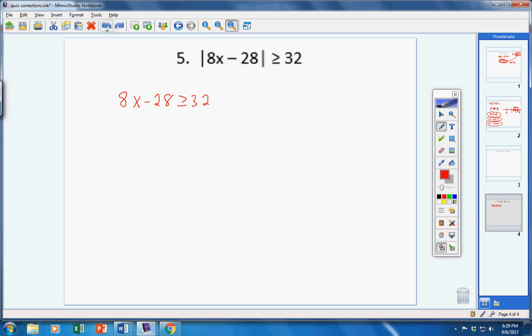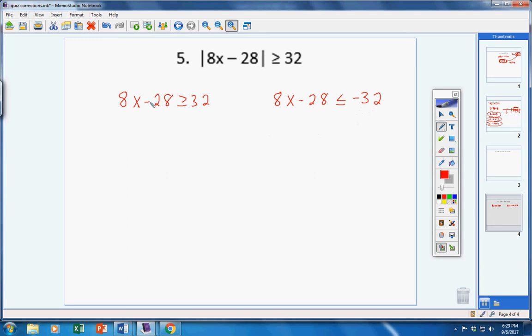Now, next, you want to write this again just like it is. Only you turn the arrow and you change the sign. Got it? Turn the arrow, change the sign, and now you're ready to go, okay?